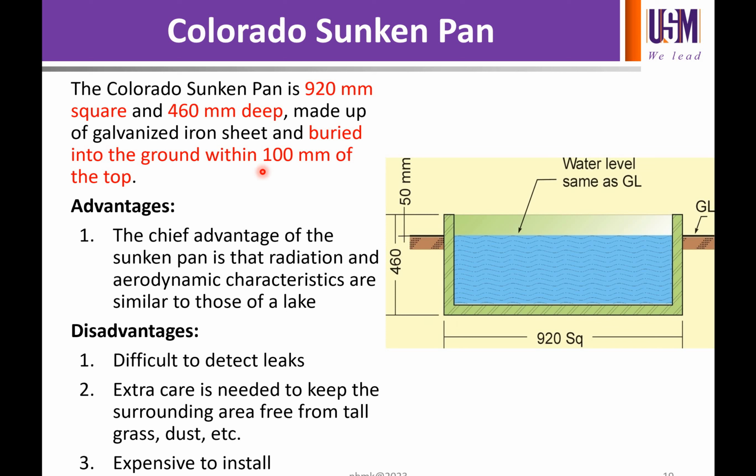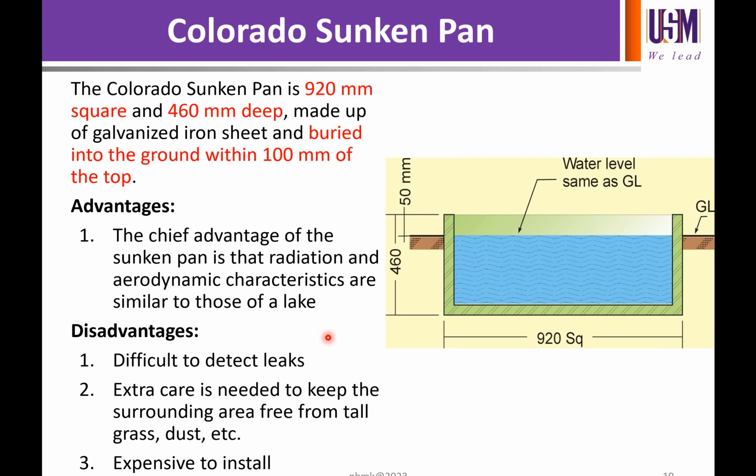Then the second one is the Colorado sunken pan. Just by the name, you know that it needs to be sunk, so you have to dig the soil and bury it in the soil, so that the aerodynamics are similar to those of a lake.